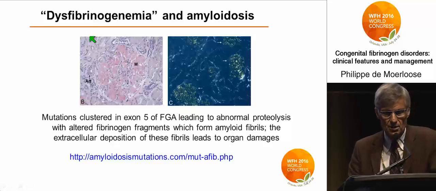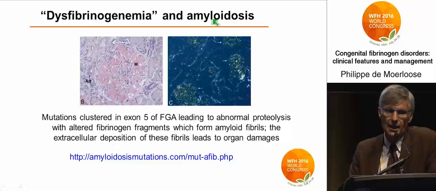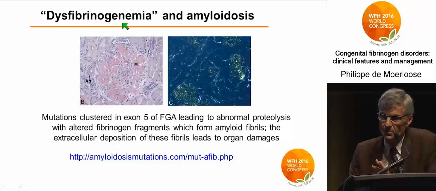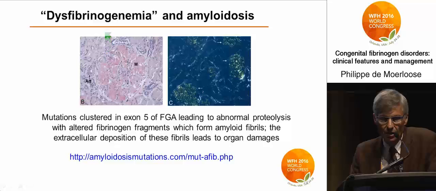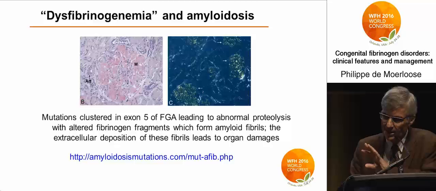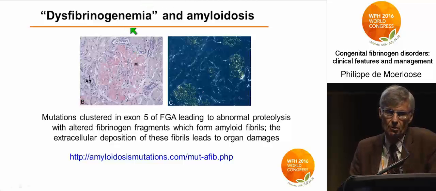Something also which is very strange is dysfibrinogenemia and amyloidosis. And why did I put dysfibrinogenemia between brackets? That you find in all textbooks, dysfibrinogenemia and amyloidosis. But when you check the fibrinogen levels, most of these patients have normal fibrinogen levels. That doesn't mean that the molecule is not abnormal, but when you measure it by simple measurements, the level is normal.